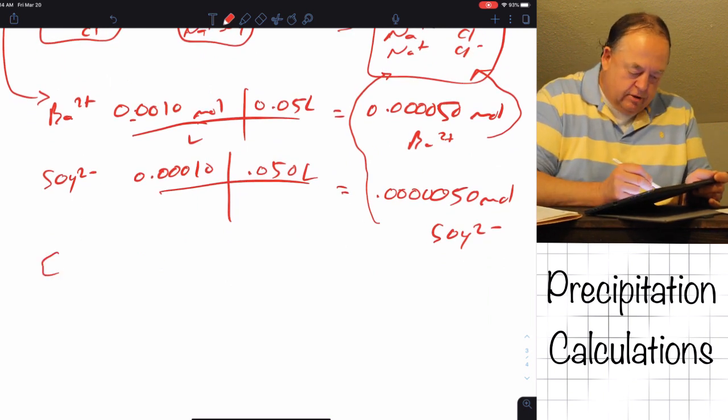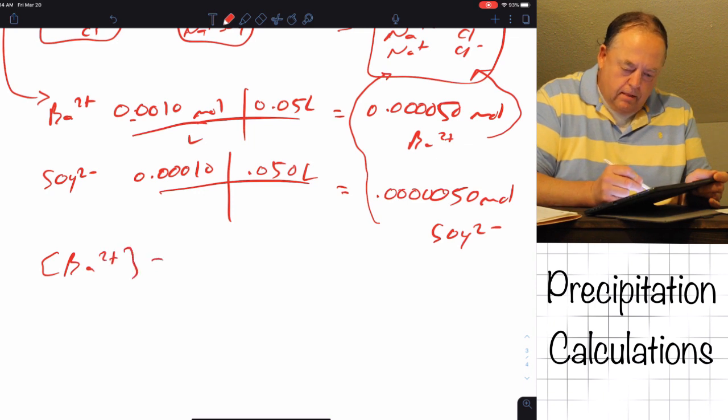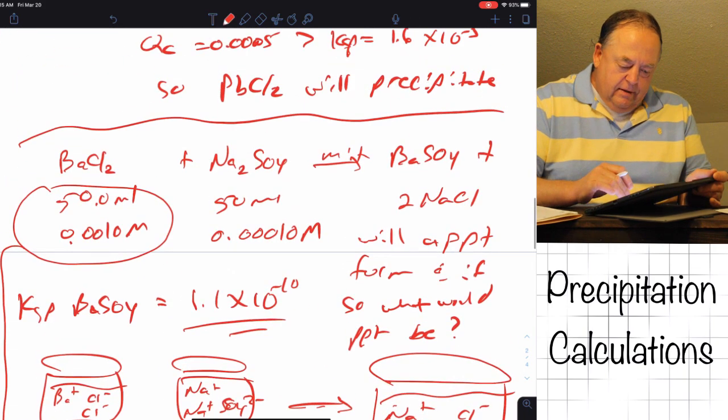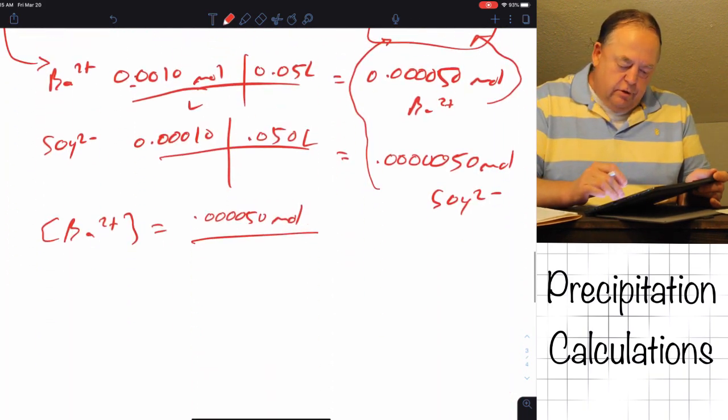And then the new molarity, so new concentration of barium, will equal the 0.000050 moles over the new volume. Since they're both 50 mils, the new volume is now 100 mils.